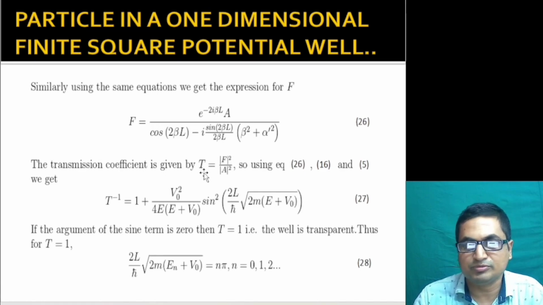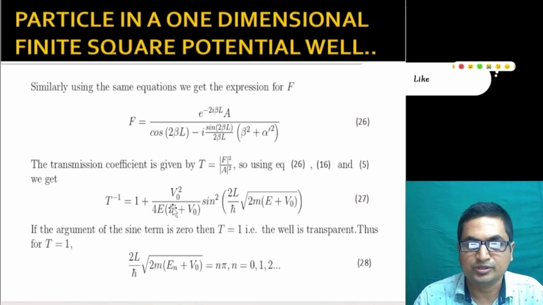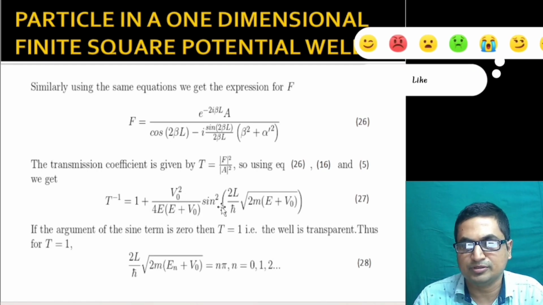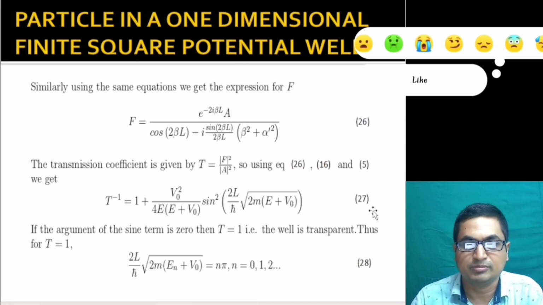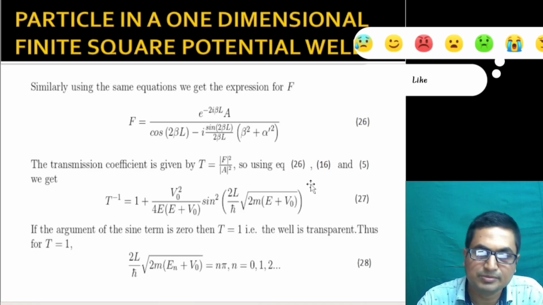Since the transmission coefficient is the modulus square of F squared by A squared, using 26, 16 and 5 we get a relation that the inverse of the transmission coefficient is equal to 1 plus V naught squared divided by 4E times (E plus V naught) sine squared, and this quantity is given by equation 27. So these are some simplifications.